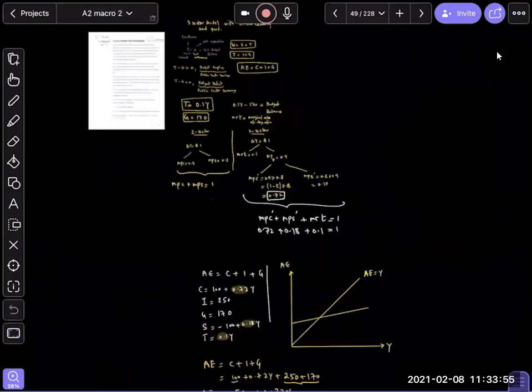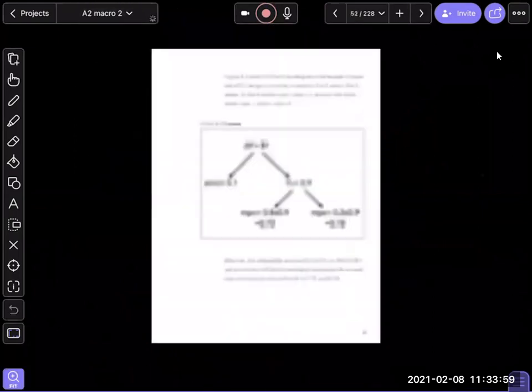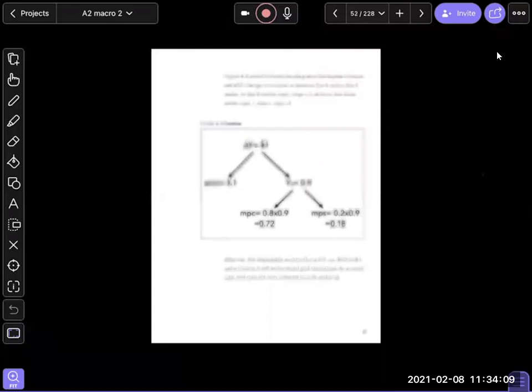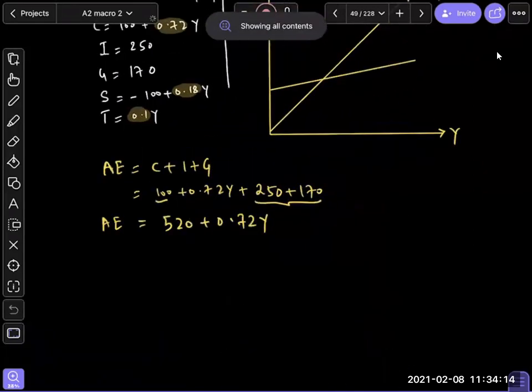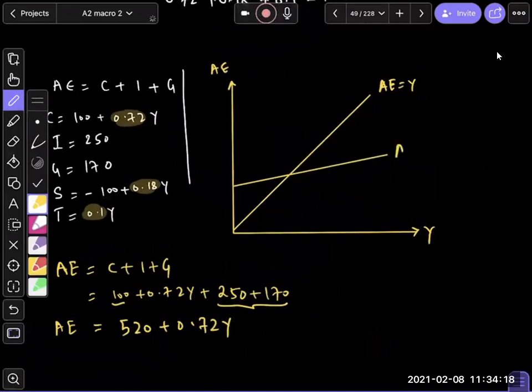Let's just see if the numbers are consistent with our notes. Yes, 520. I'm just making sure the numbers stay consistent with our notes. So AE naught becomes 520 plus 0.72y.